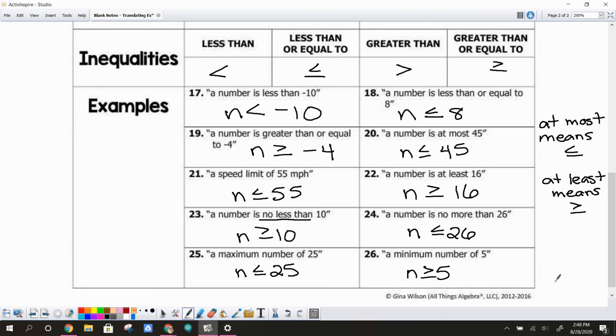On quizzes and tests, you won't get the keyword sheet, but you will be able to use that up until that time. So just think about, how would this work in real life? Like, how can I read this so it makes sense to me? You actually have to think about it. It's not so cut and dry where it's just, oh, it's this, it's this, it's this, especially in these inequality examples.